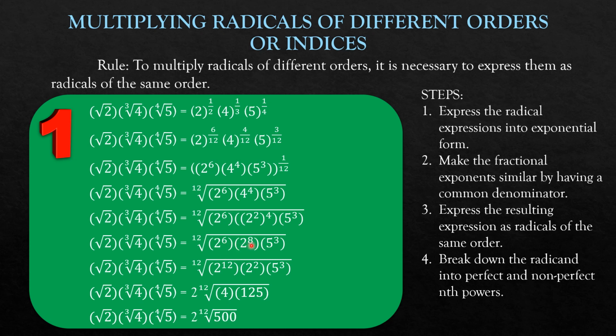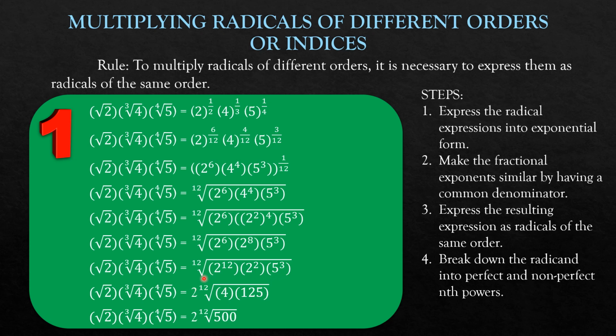So, 6 plus 8 is 14. Sa 14 kasi, may magagawa tayong isang 12. Kaya ang ginawa ko, hinati ko ulit yung 14 kay 2 raised to 12 at saka kay 2 raised to 2. So, 2 raised to 14 pa rin yan. Para ito, maging pareho dito sa index natin. And then, si 5 cube pa rin siya.